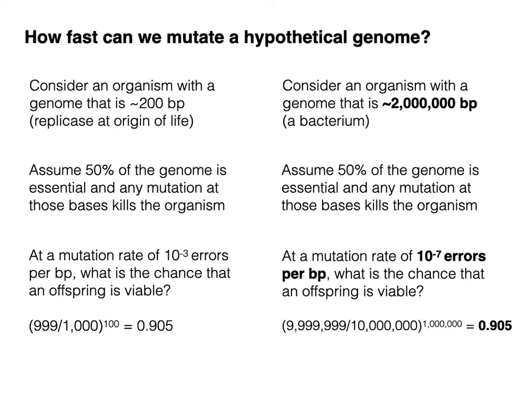So, of course, bacteria have much lower error rates than 10 to the minus 3. Suppose instead we made the error rate more realistic, 10 to the minus 7. Then what is the chance an offspring is viable? Well, now it gets back to the acceptable 0.905 chance, which is not too bad.